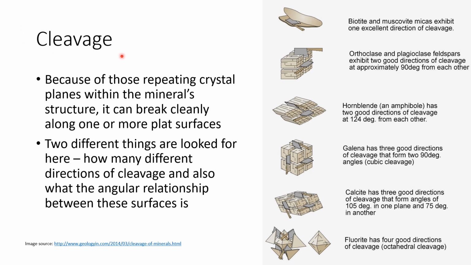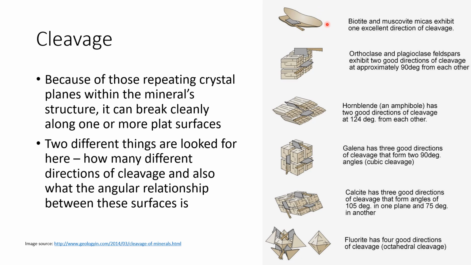Cleavage we spend a lot of time on in lab, and so here in lecture I want to talk about the theory behind it more than the actual what's going on. Think back to those lattices we talked about earlier. This idea of cleavage has to do with there being weak planes in a mineral lattice. Because this is based around the way the atoms line up in that lattice, it repeats every crystal unit.